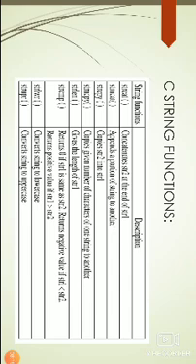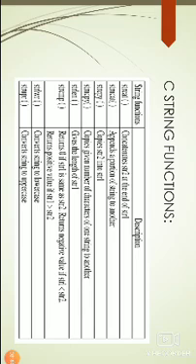So string concatenation adds string 2 at the end of string 1. Next, strncat appends a portion of a string to another. Next one is strcpy, which copies string 2 into string 1.